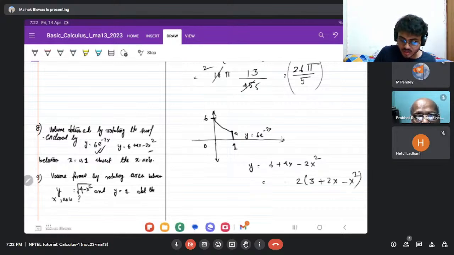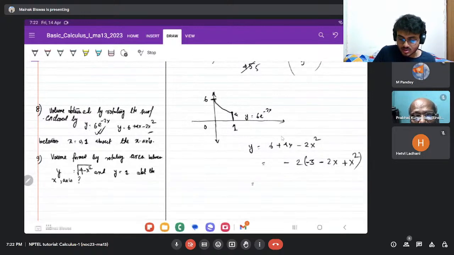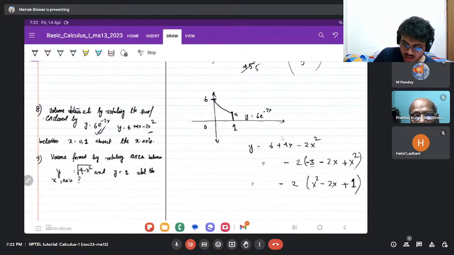I take a negative common as well, so I get minus 2x squared minus 2x, and you have 3, right? So I'll make it 4, or what will I make it? 1. And what will I have to add to it to make this 1?